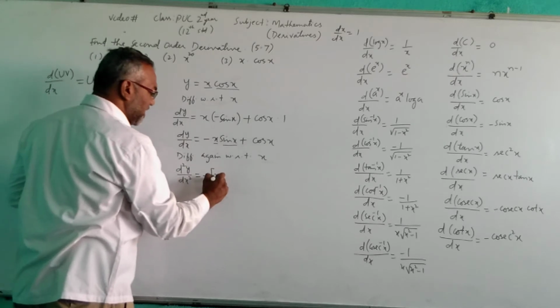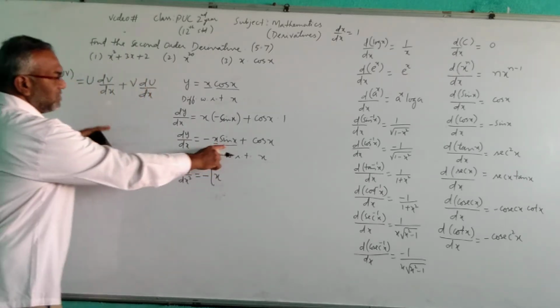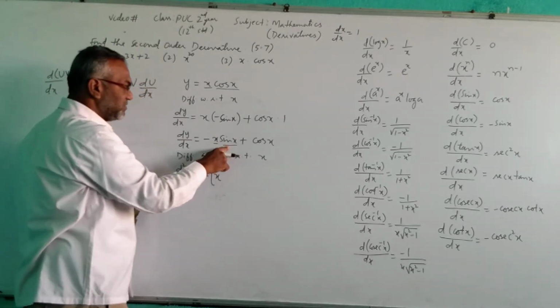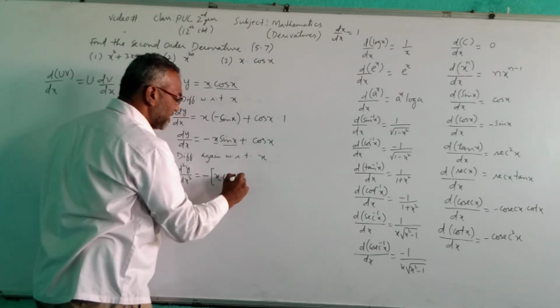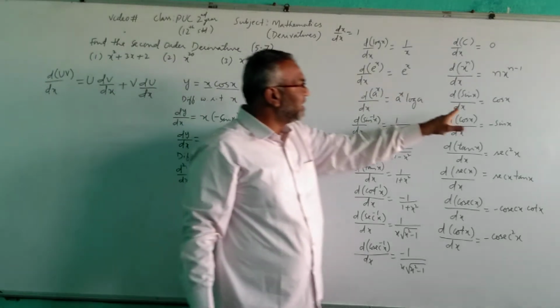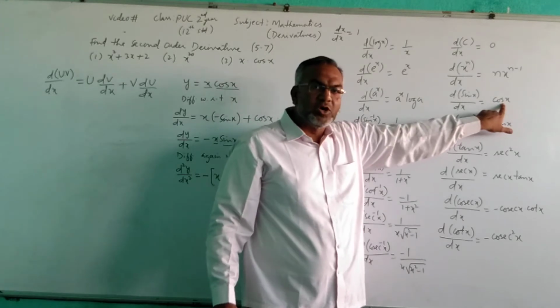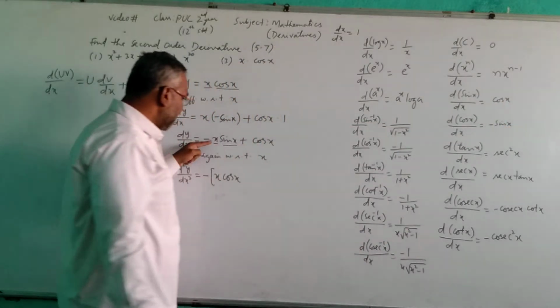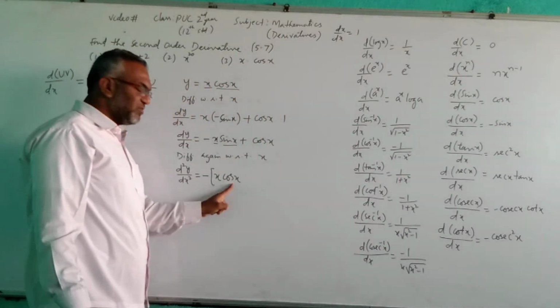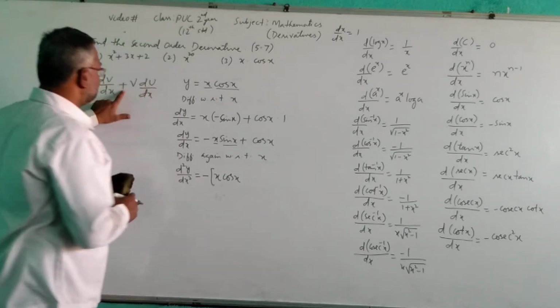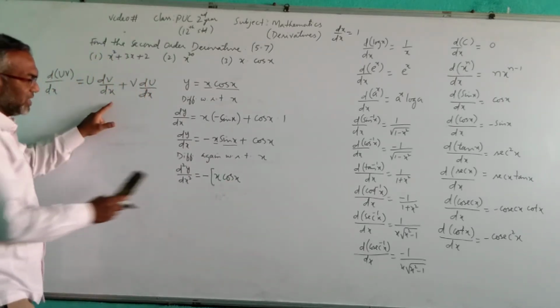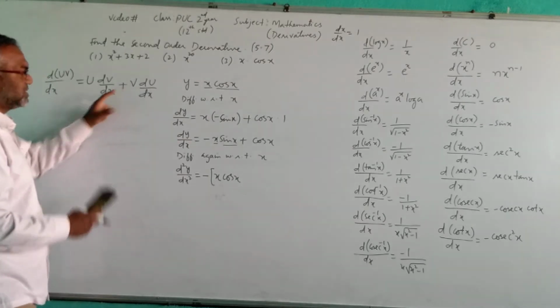So first function as it is, u as it is, differentiation of v, sin x, differentiation of sin x with respect to x is cos x, right? U as it is, x as it is, sin x differentiation is cos x. Plus u dv by dx is over.